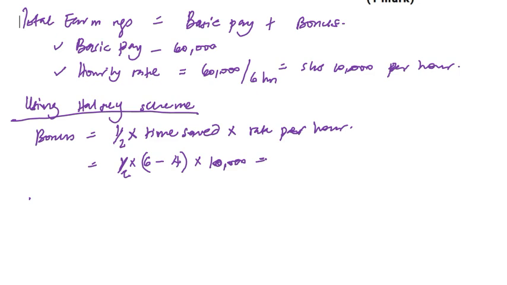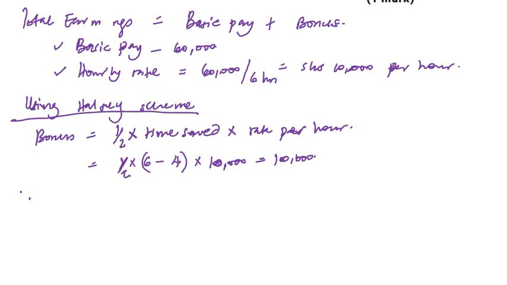So this gives you a bonus of how much? Let's see how much the bonus is. So here the bonus is 10,000. The bonus is 10,000 under the Halsey scheme.